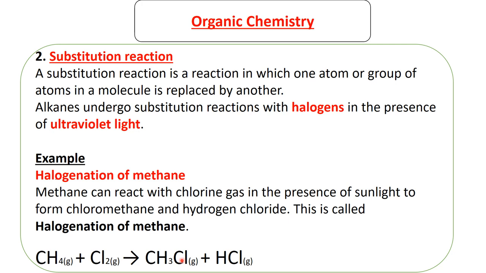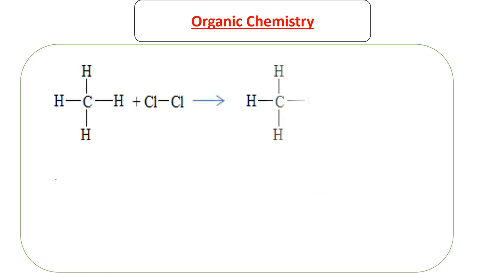That one which has been replaced has gone to combine with the other atom that was here to make hydrogen chloride. Let's use structural formula to understand fully. Using structural formula, we have the methane reacting with chlorine. This chlorine goes here and this hydrogen comes here. So we have this structure and we have this.